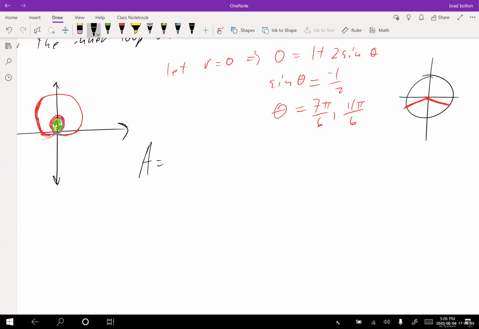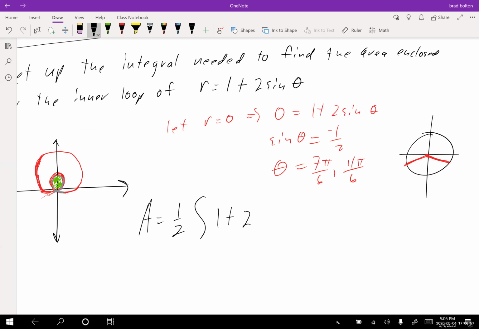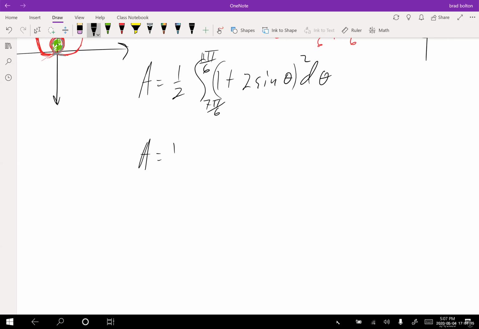So area equals 1/2 times the integral of 1 plus 2 sine theta, d theta, and we got to square this. And we're going to go from 7 pi over 6 to 11 pi over 6. So area equals 1/2.